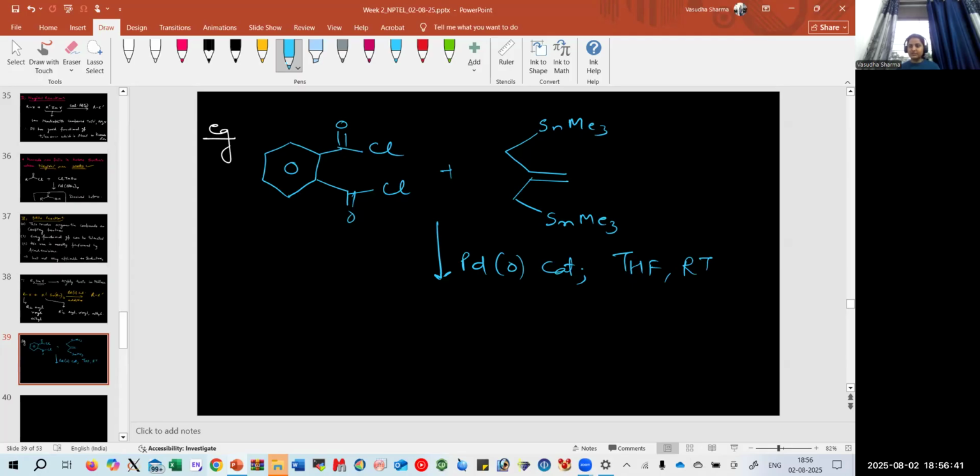As I mentioned, it works at room temperature conditions. So what will it give you? It will give you a double bond.